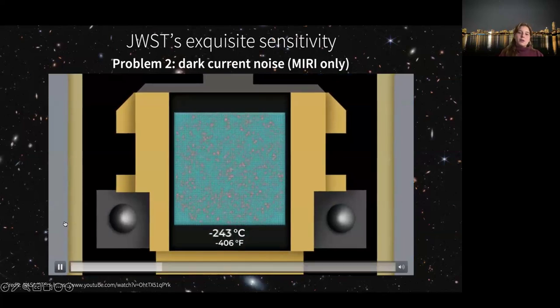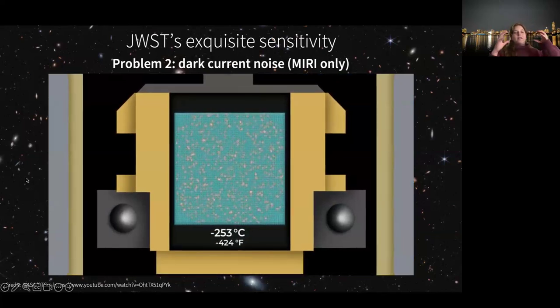When we talk about dark current, we're talking about all the electrons in the conductors in the readout system, which have some random motion. We have this picture of a conductor being like a train of electrons moving in one way, but in reality they're drifting in one direction with a lot of random motion.